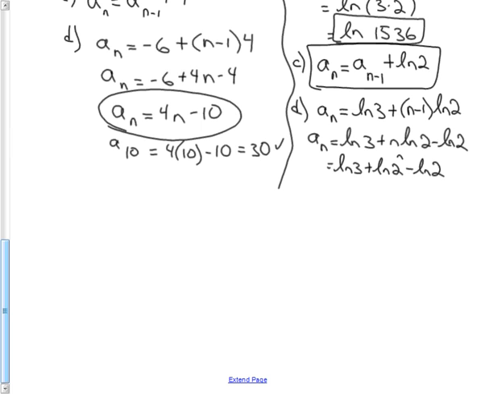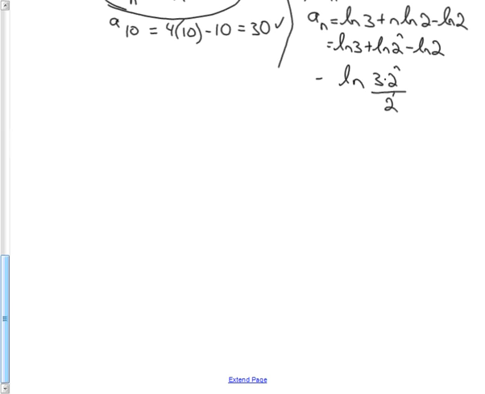Now I'm going to condense this all together. When I'm adding, it means multiplication, right? 3 times 2 to the n. And when I'm subtracting, it means division. Divided by 2. Now I can still go with this. That is like a 2 to the first right here. So we're not quite done simplifying.